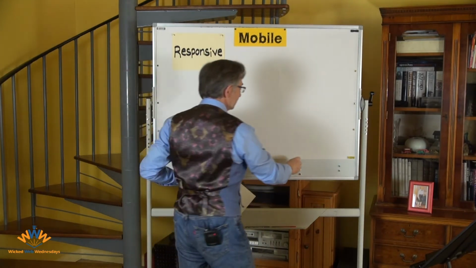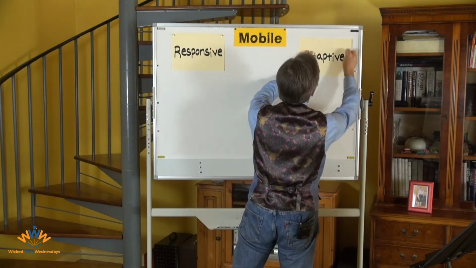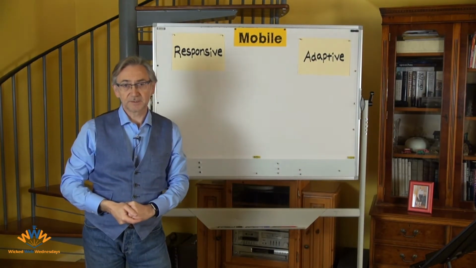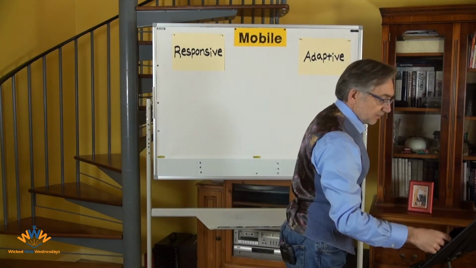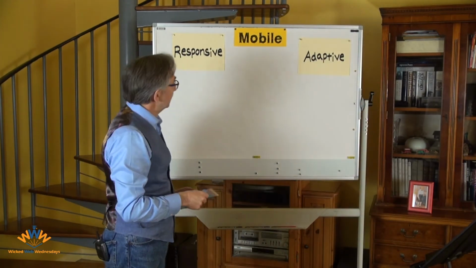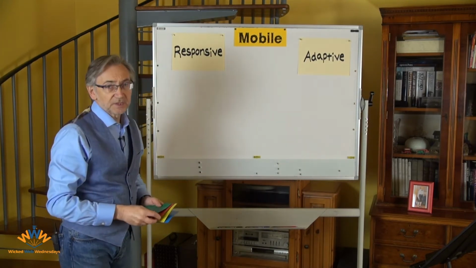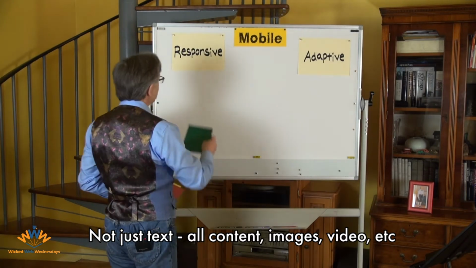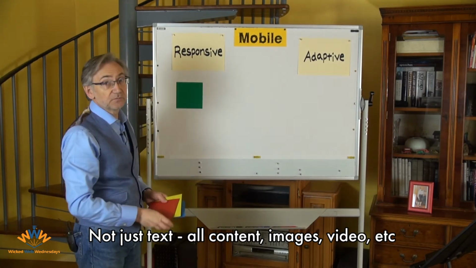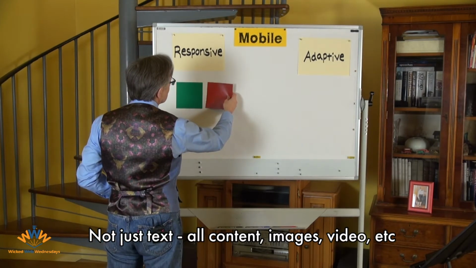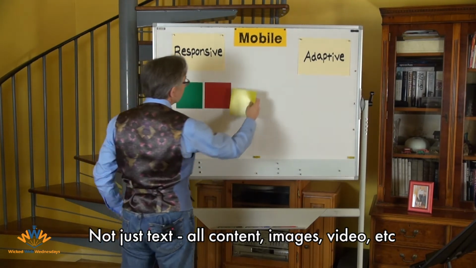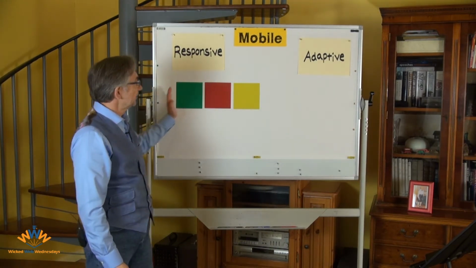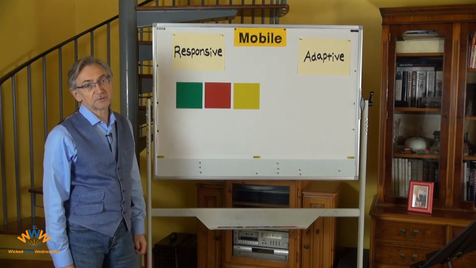Responsive websites, adaptive websites. A responsive website basically works by pushing blocks of text around the screen, so that if you look at a responsive website on a desktop, for example, you might see three blocks of information like this on a 16:9 desktop screen.